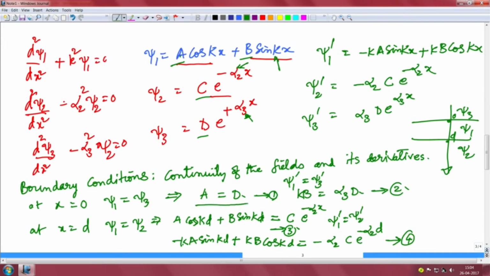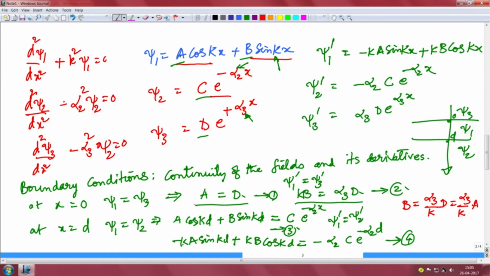From the first equation we already got d equals a, and from the second equation we get d equals k into b by alpha 3, or the other way, b equals alpha 3 by k into d, and since d equals a, b equals alpha 3 by k into a.